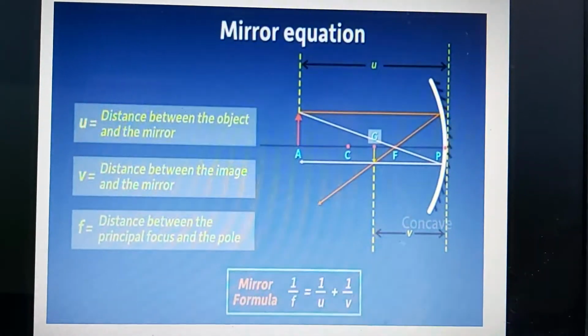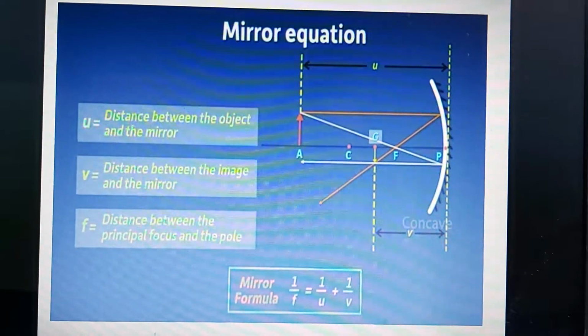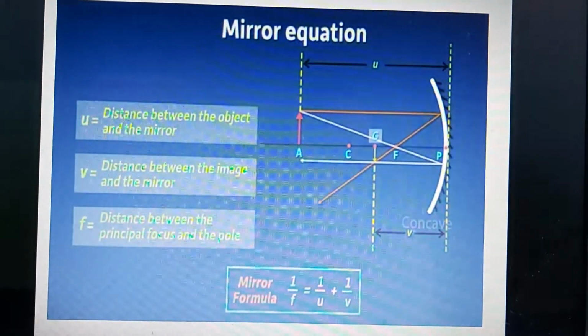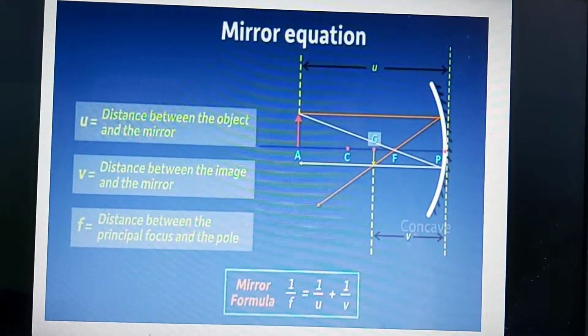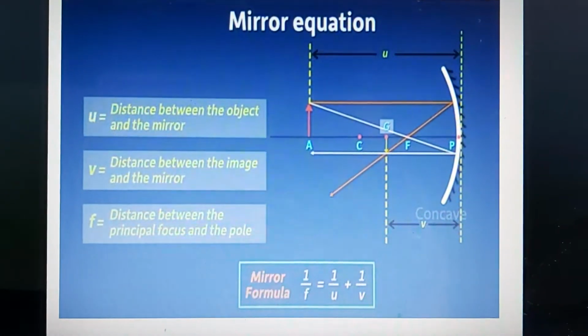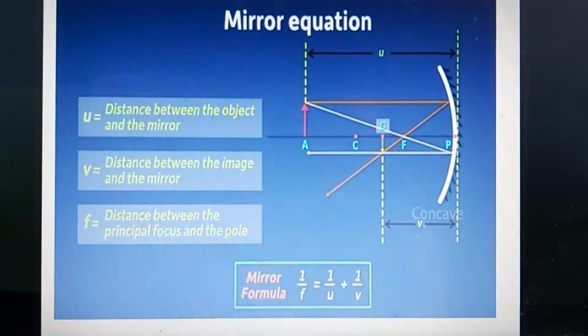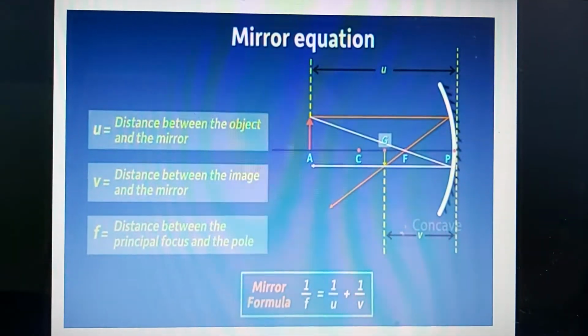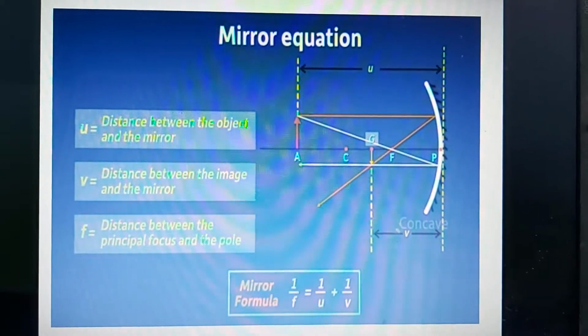Now the question is, how do we prove this formula? There are many ways to derive the equation, but we will look at the easiest one. In order to derive this formula, we need to know only one thing, and that is the concept of similar triangles. You must have come across similar triangles in maths class.